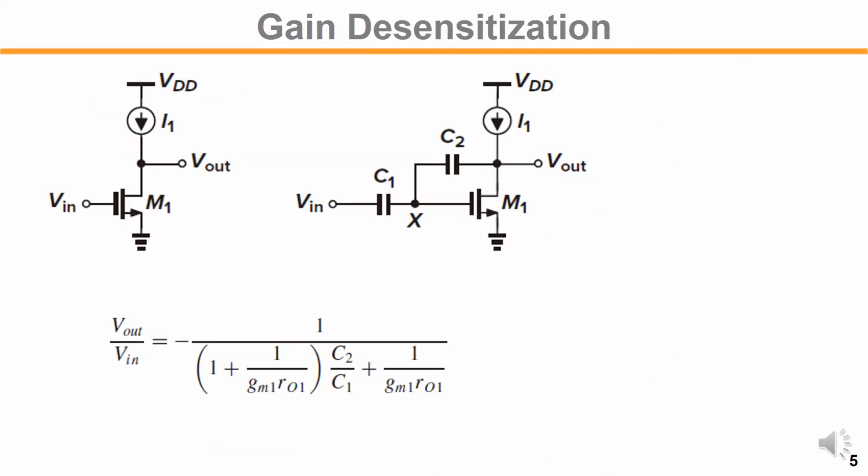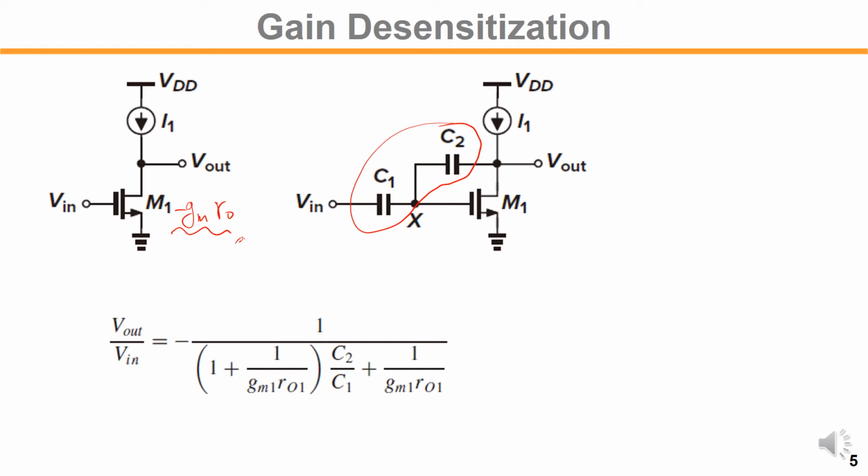Let's take a look at gain desensitization first. For the common source amplifier, the open loop gain is minus gm times RO, if you take the polarity correctly. But if you have some kind of feedback, like the capacitive feedback shown here, we just assume that all the bias is properly done.